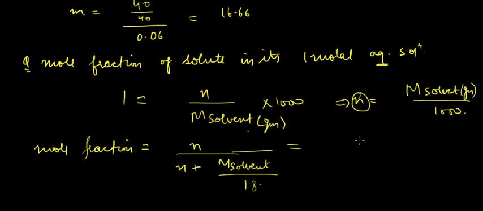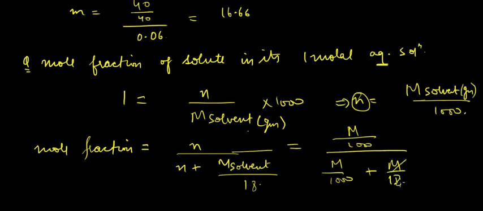So n is m of solvent upon 1000, again m upon 1000 plus m upon 18, all m's get cancelled out. In the end we will be getting 18 upon 1018. So this would be the mole fraction.